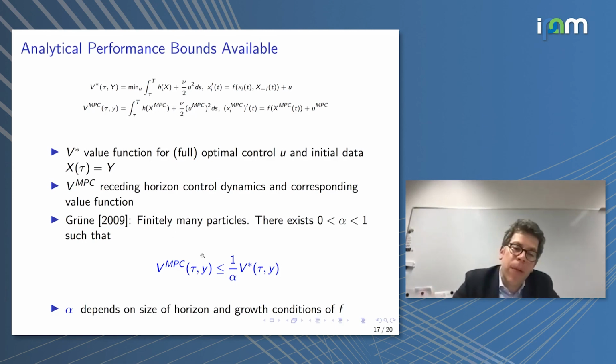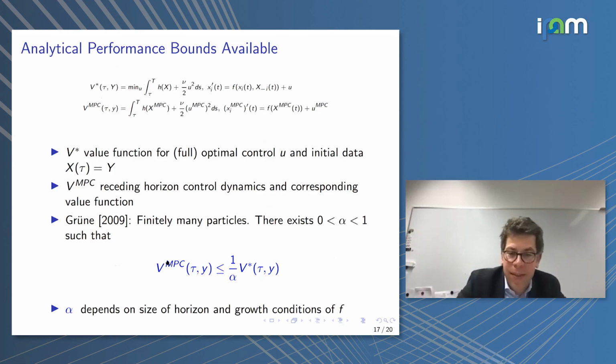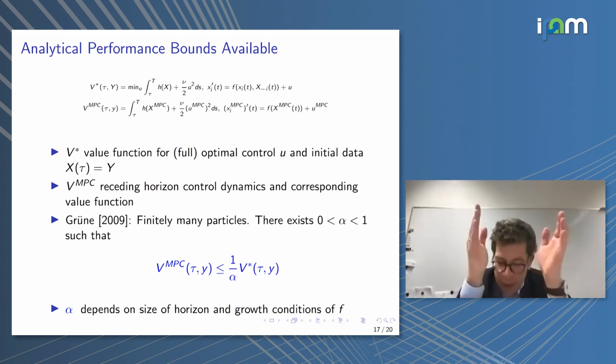This estimate also holds if you have any number of particles. So this estimate is consistent across this hierarchy of models, at least across the first two parts of this hierarchy.